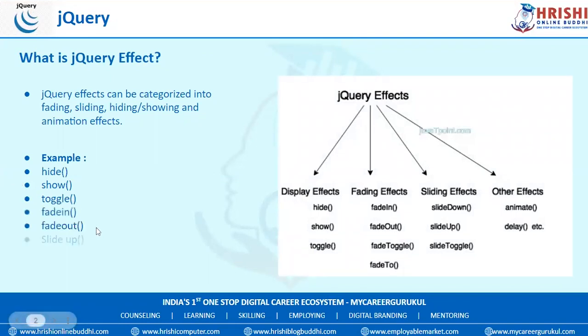Then fade in, fade out, slide up and slide down. Then slide toggle, animate, delay. If you want to delay one particular element, for example, you have two boxes, and you want the first box to start first and the second box to be delayed by some seconds, all that can be done with the help of jQuery effects.